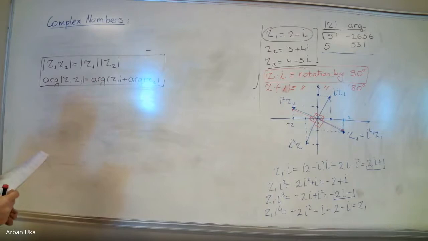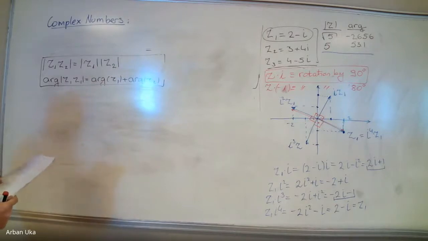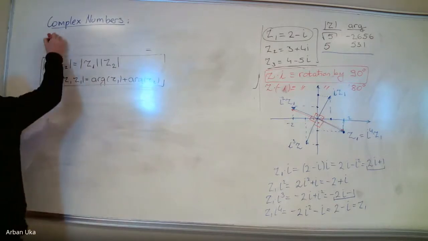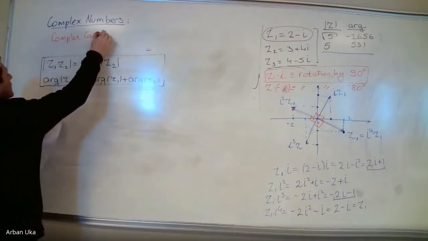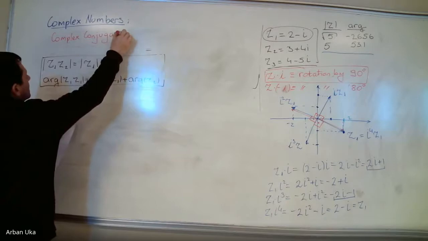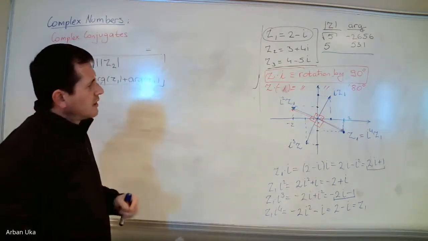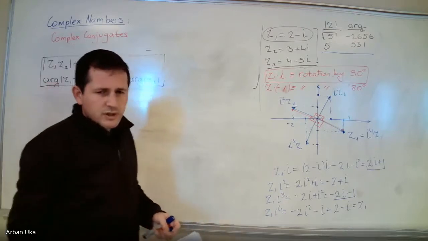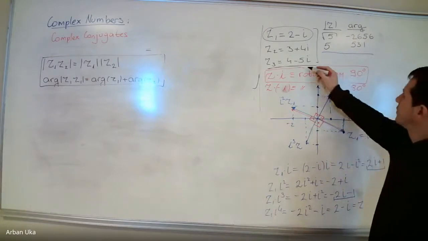So we talked about the complex conjugate and many more. And actually, for complex conjugates, we can write a few properties. In fact, considering the complex numbers, it looks like the language that we have used in the last few minutes is the language of rotation.